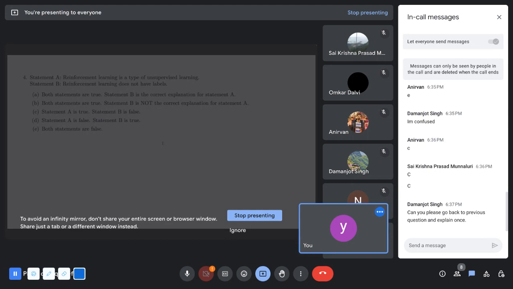In RL you don't have labels; you interact with the environment, and the environment gives you a reward. A reward quantifies your satisfaction by some number. If the outcome is not reasonable, you can give negative rewards; if it is reasonable, you give positive rewards.